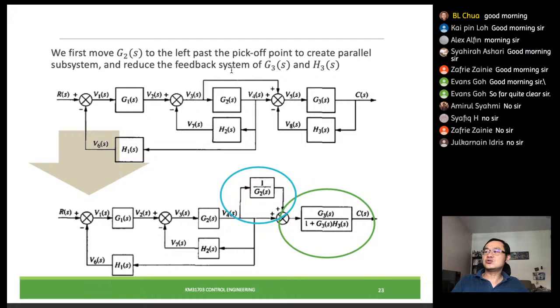So this is G2, so this is 1 over G2, so we can rewrite this as 1 over G2, right? So this point now having moved here because this has moved into the parent, right?